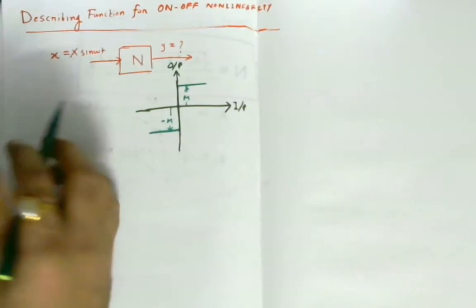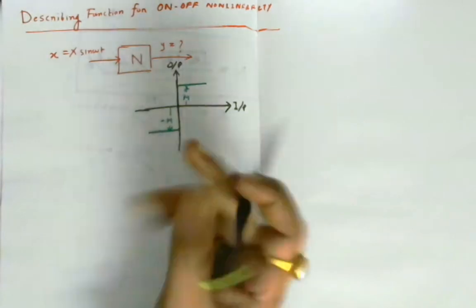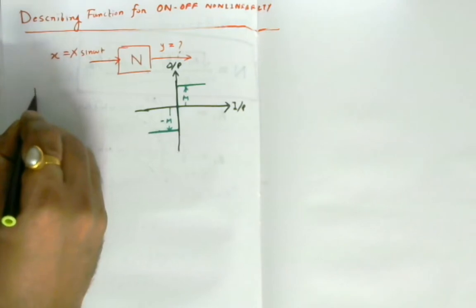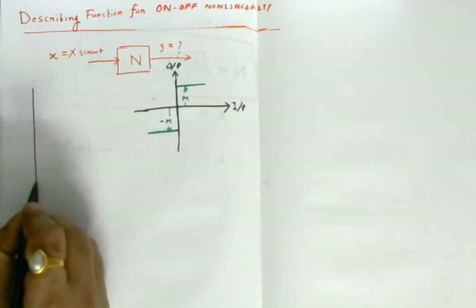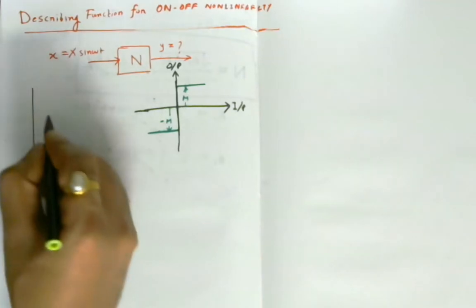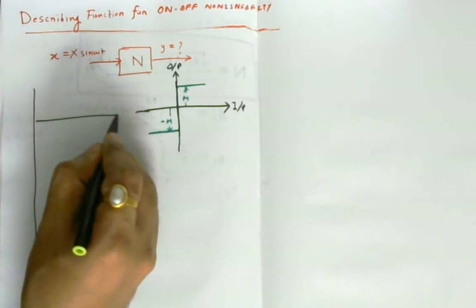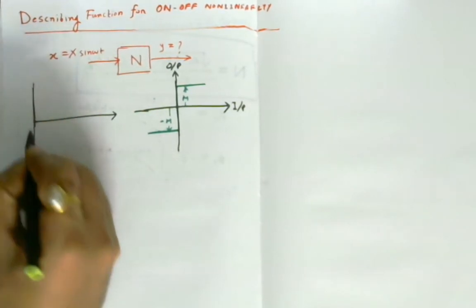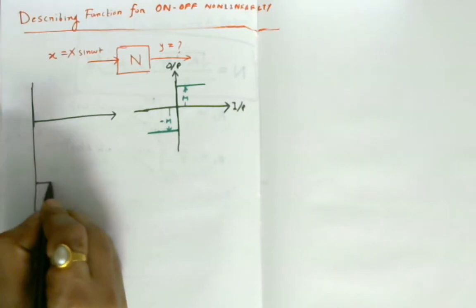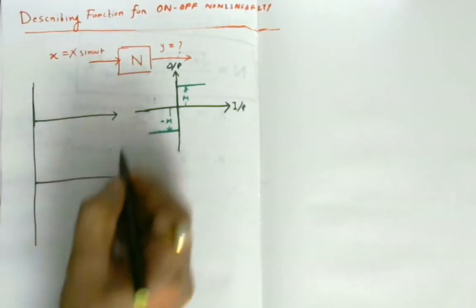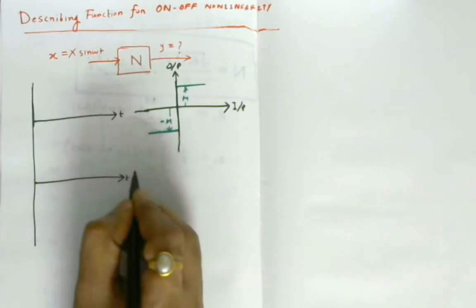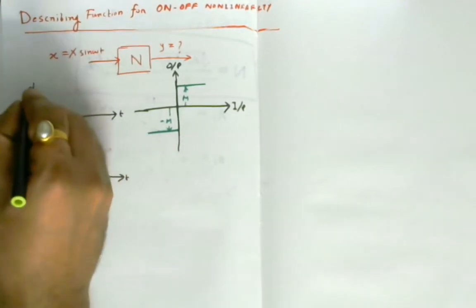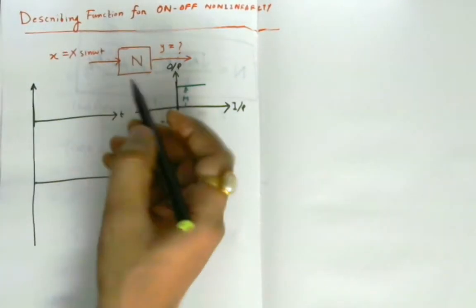So to draw the waveform, I require the x-axis to be time, and y-axis is the amplitude. First of all, I will draw the input waveform, and you know the input is sinusoidal.